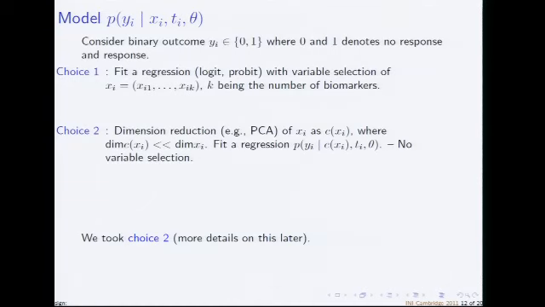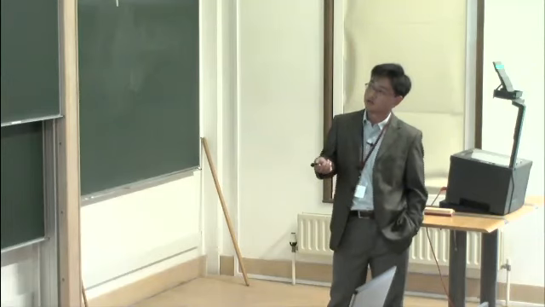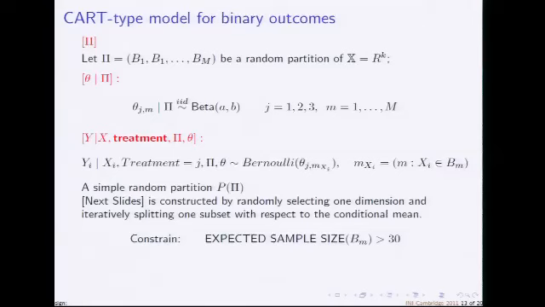So again, for the sake of this talk, we took choice 2, but it's not the only choice. So this is the full model. We have the space of the biomarkers, and we want to find the subgroups that would differentially respond.